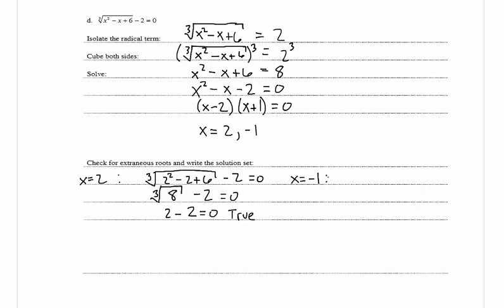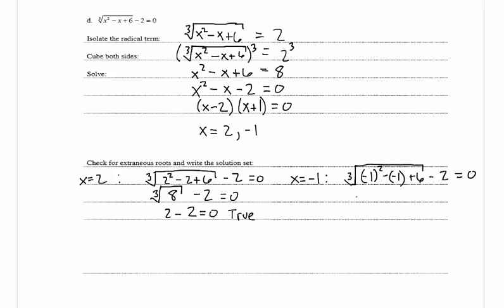And now let's check x is equal to negative 1. So we have the cube root of negative 1 squared minus a negative 1 plus 6 minus 2 is equal to 0.